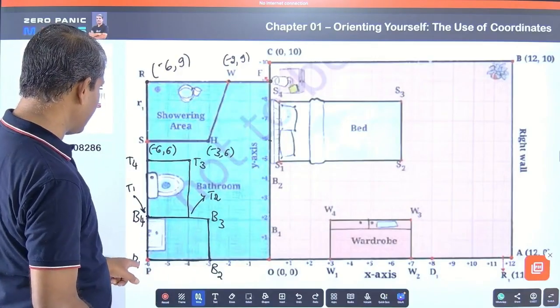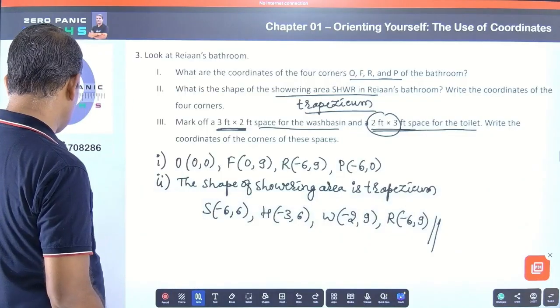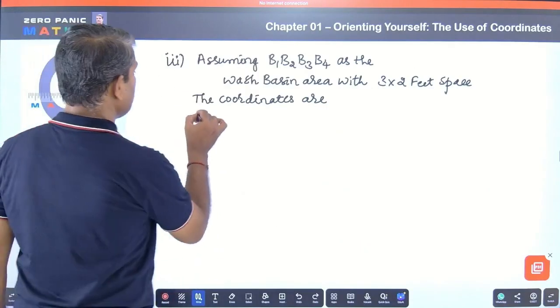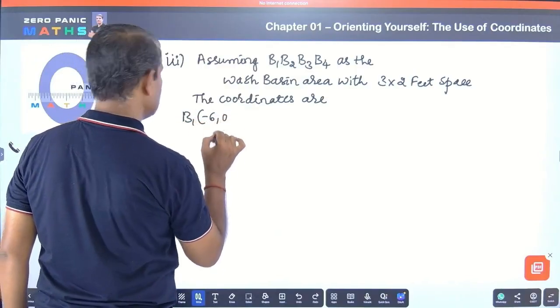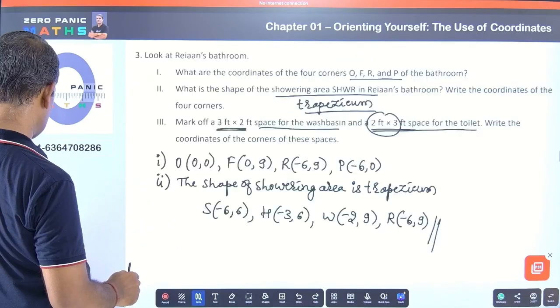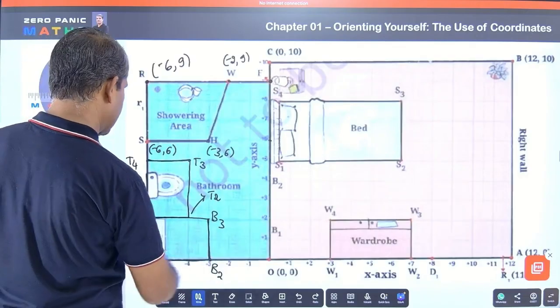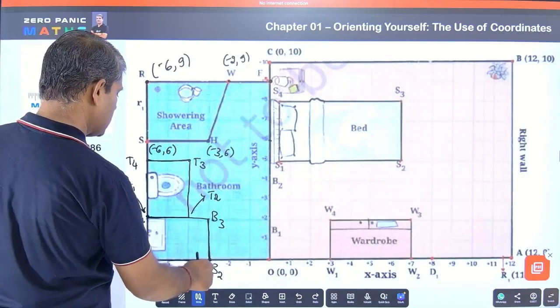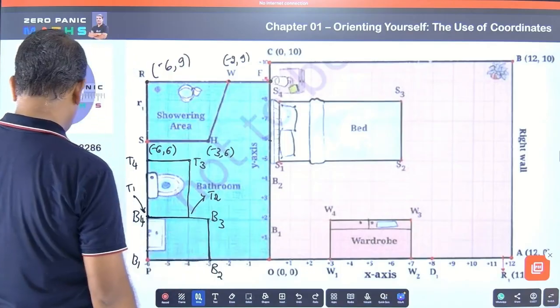Now the coordinates are -60, -30 for B1, B2. It is -60, and is it 0 or what? So it is on the x-axis itself. So it is -60, -30 and -3, 2 for B3.